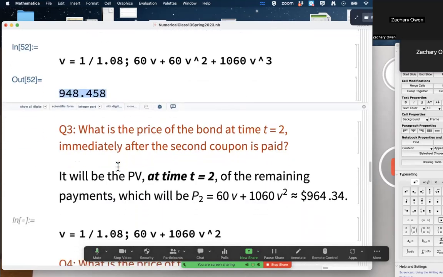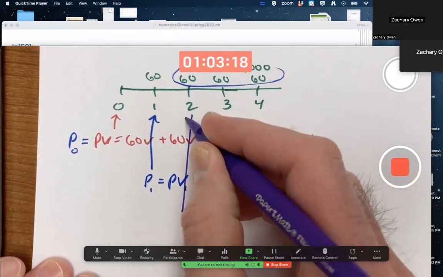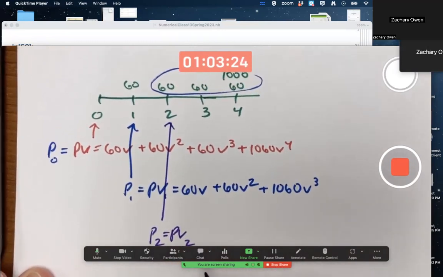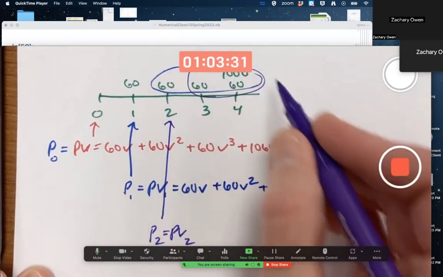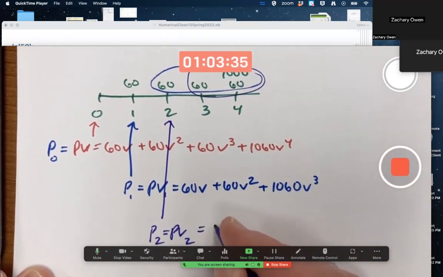What's the price at time 2? Immediately after the second coupon payment is paid. P2 or PV sub 2. The plain P refers to the price. The PV refers to present value. That's the present value of those remaining payments, now pretending we are at time 2.